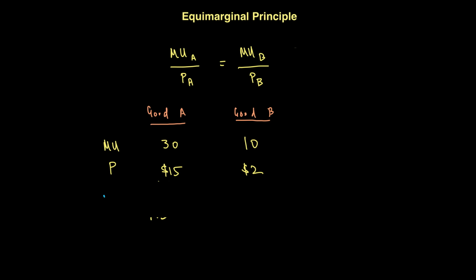So if I look at MU per dollar for good A, that is 2, while MU per dollar for B is 5.